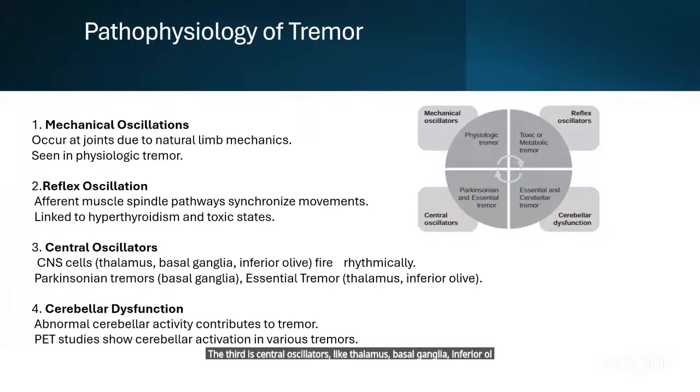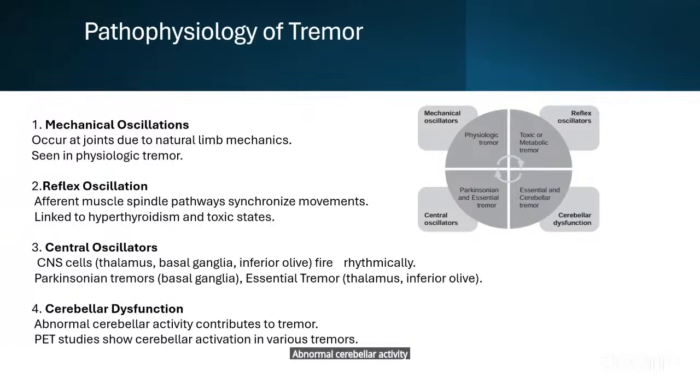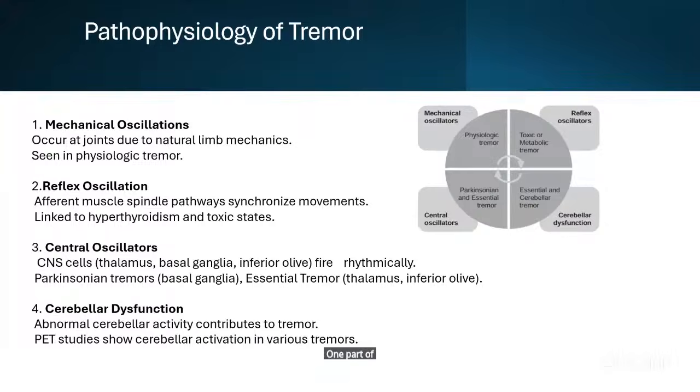They fire rhythmically, and the examples are Parkinsonism tremors and essential tremors. And fourth is cerebellar dysfunction. Abnormal cerebellar activity contributes to tremor. PET activity shows cerebellar activation in various tremors. So cerebellar dysfunction is one part of the pathophysiology.